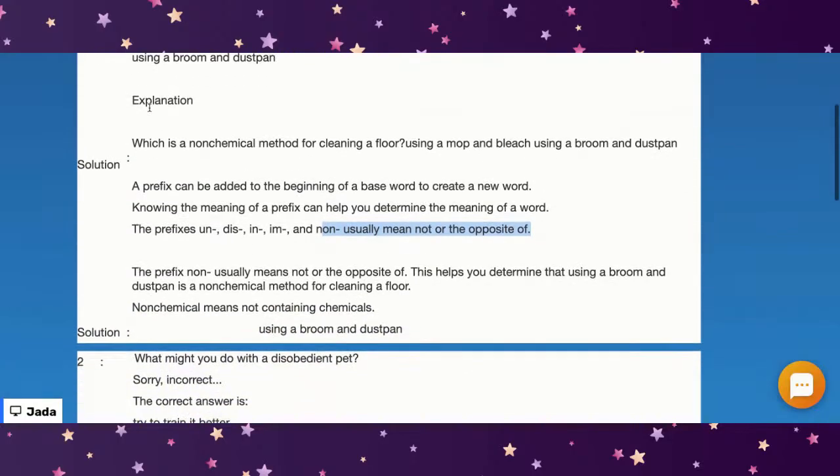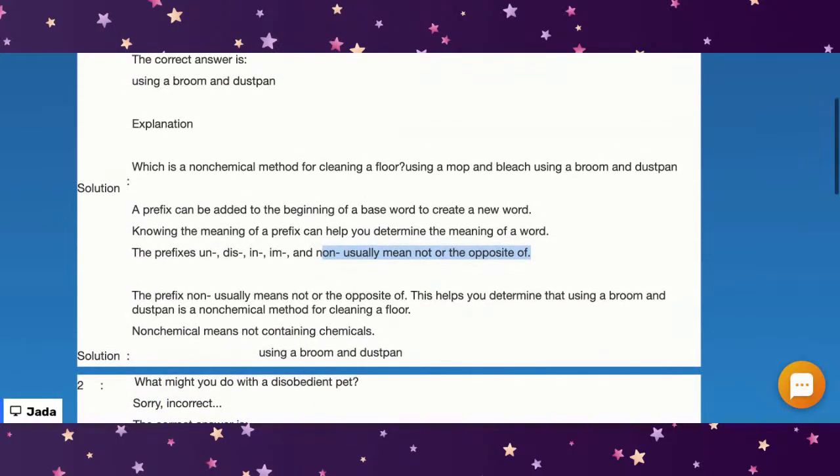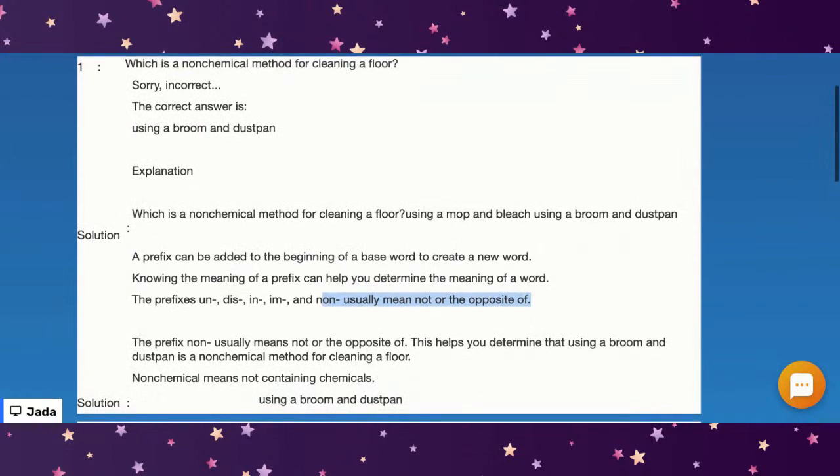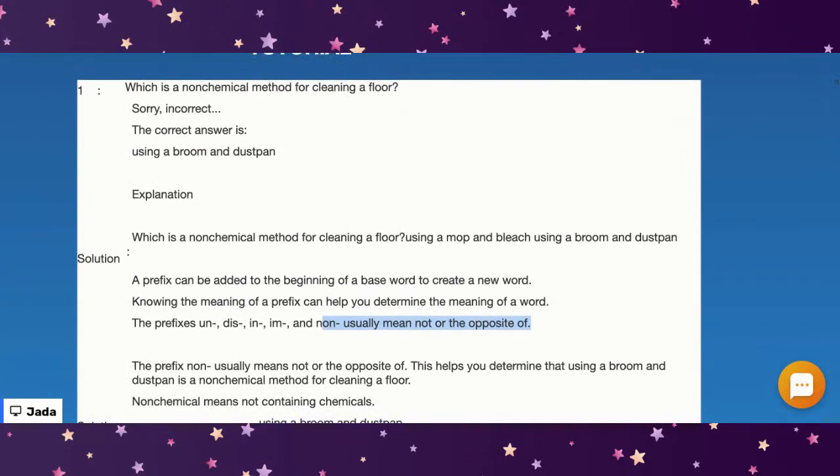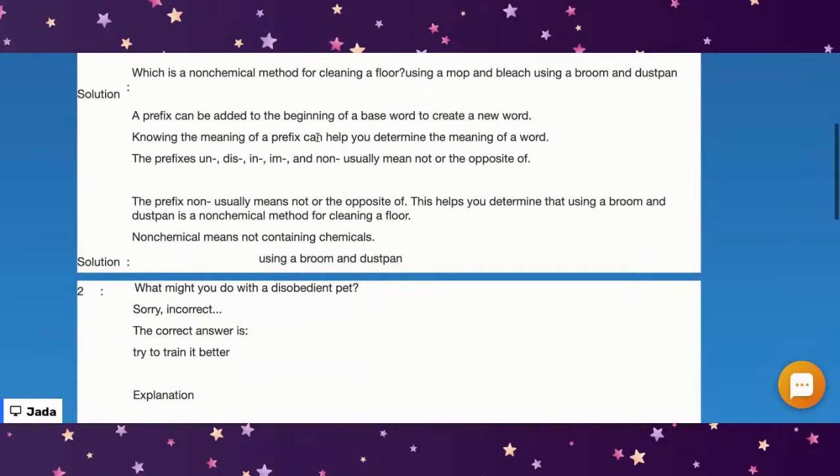Let's go through the test and the questions. But before the test, we will just go through some questions and some explanation here. Which is a non-chemical method for cleaning a floor? Take note that all these prefixes mean not or the opposite. The prefix non usually means not or the opposite of.